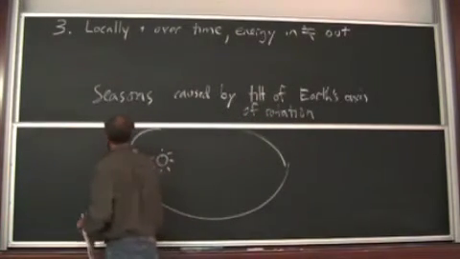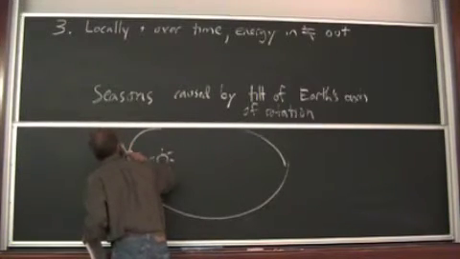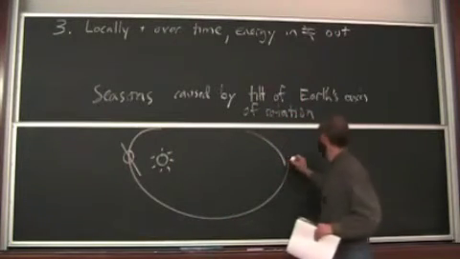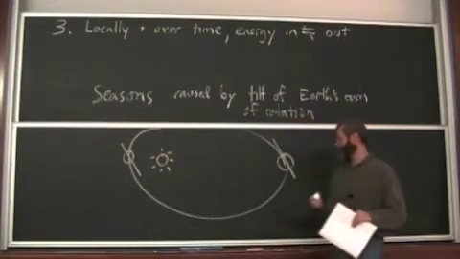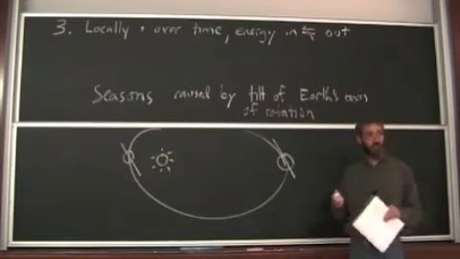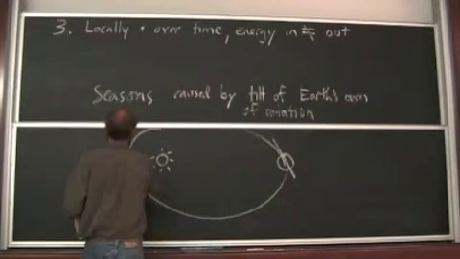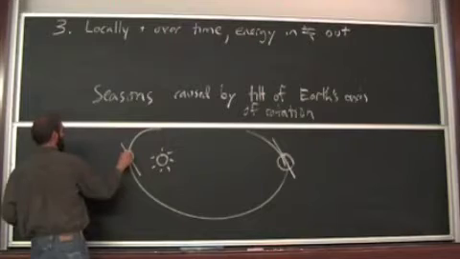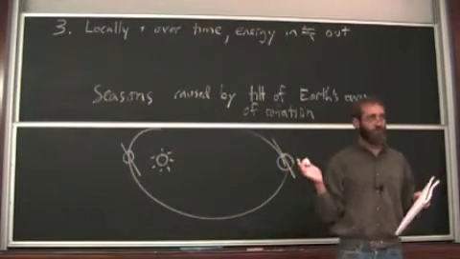There is also a tilt of the Earth's axis of rotation. So if we draw the Earth and then a line through it, which is the north and south poles, actually the way the Earth is configured around the Sun now is that the Earth is closest to the Sun when the North Pole is tilted away from the Sun.